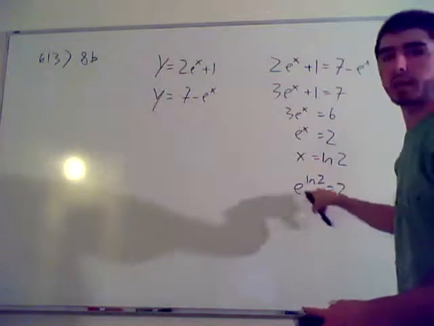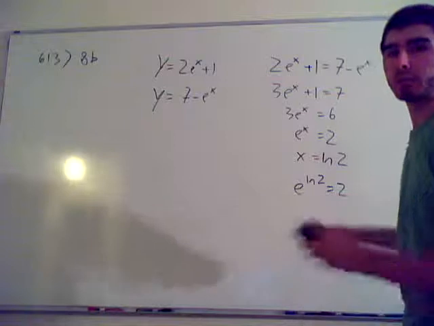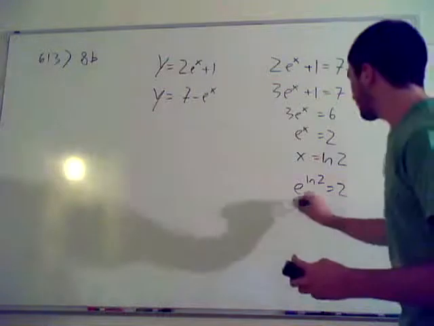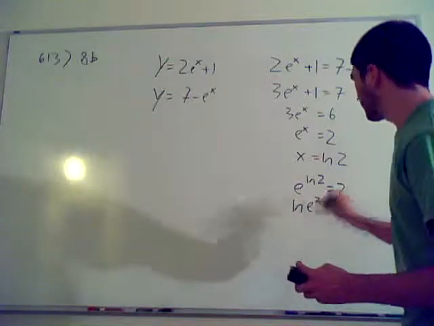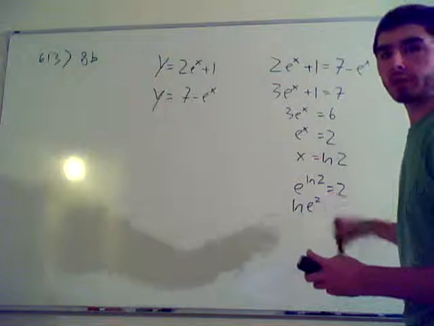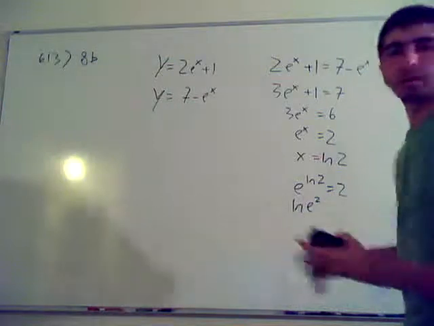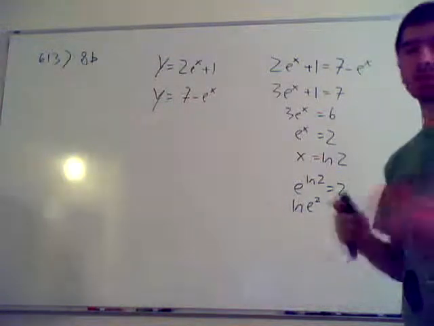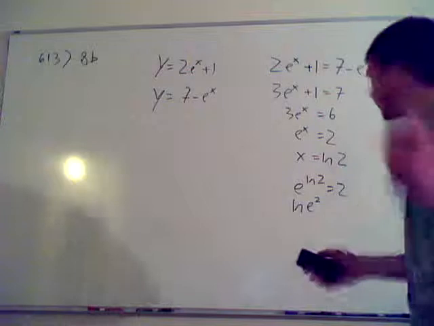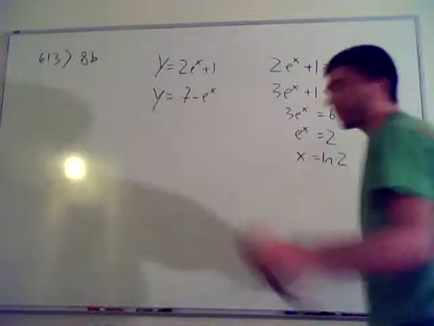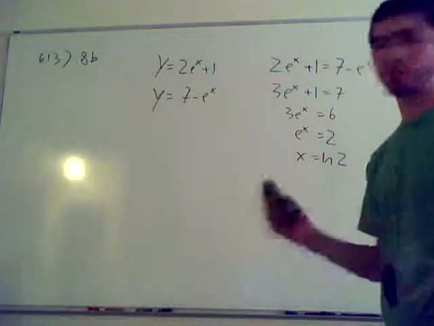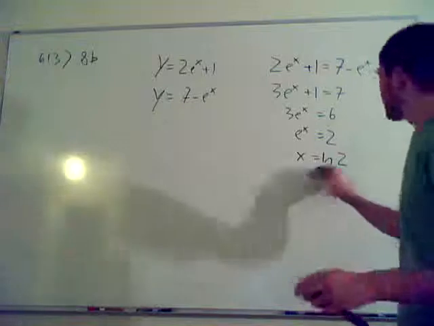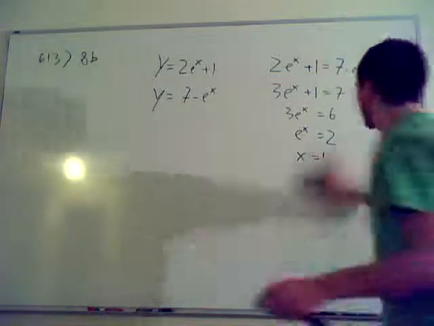It's like e and natural log cancel each other out, and we're left with 2. Same thing with natural log of e to the power 2. Natural log of e is 1, and then you get 2. If you don't get logs, that's a different issue. If you don't get that, you can ask me. I'll make a different video just for logs. But for now, I'm just doing your problems. So x is the natural log of 2. All right.